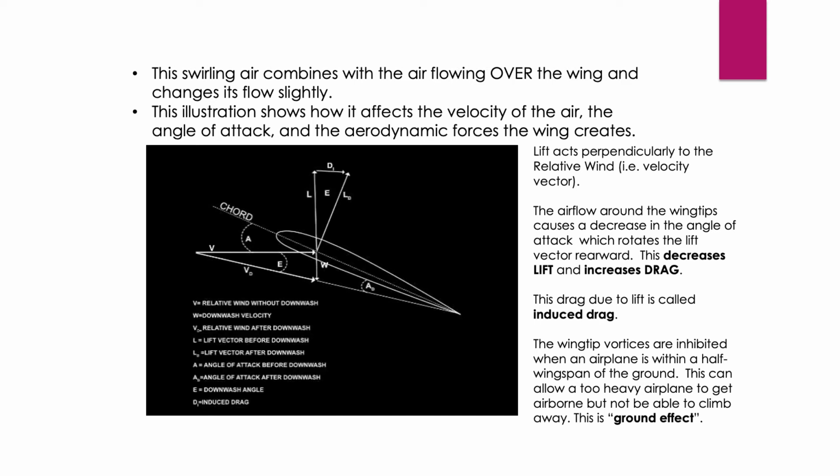If you draw the forces in that rotated lift vector, lift is straight up countering gravity in this case. We're assuming we're flying upright. And then the drag now is back toward the back end of the airplane. That's the lift force that's creating that drag. And drag due to lift is called induced drag. So anytime we have a wing that's creating lift, it's also going to be creating some induced drag.